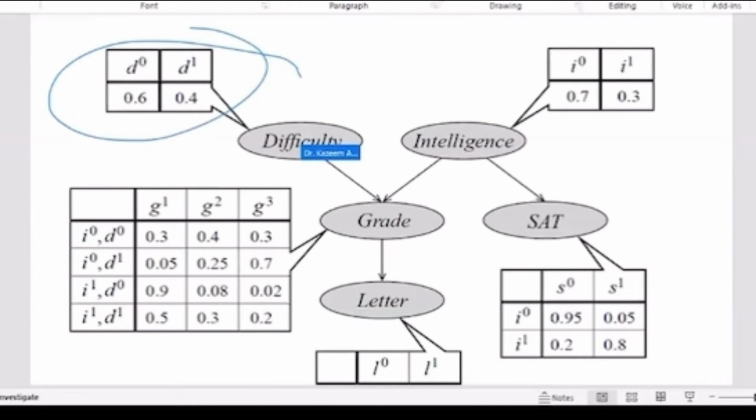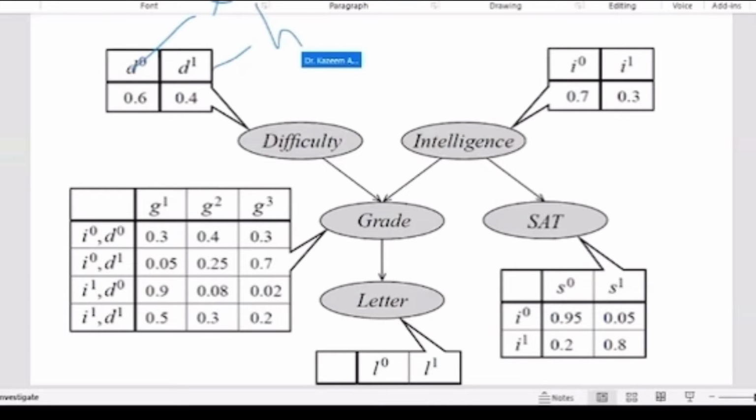There's information that I'm going to give you, so take note of this. When you see D0, D1, what does it mean? This is easy, hard. Does that make sense to you now?